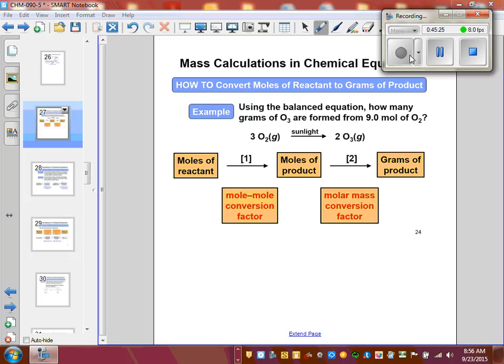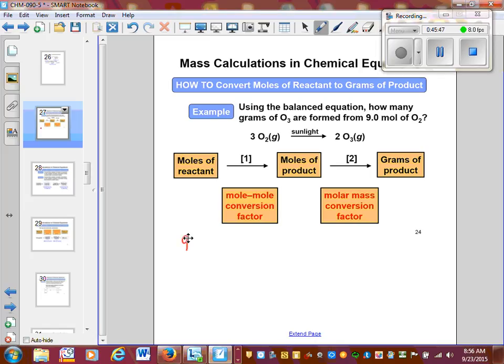From here to here, that's 1. From here to here, that's 2. So if I'm going to write this, it would be 9.0 moles of O2. What's our next stop?